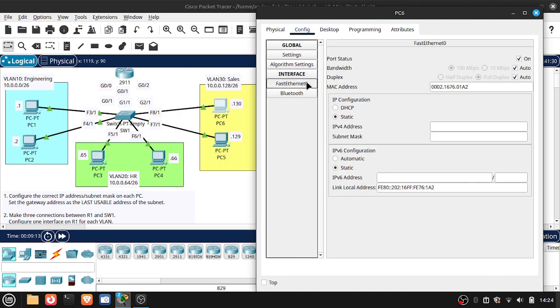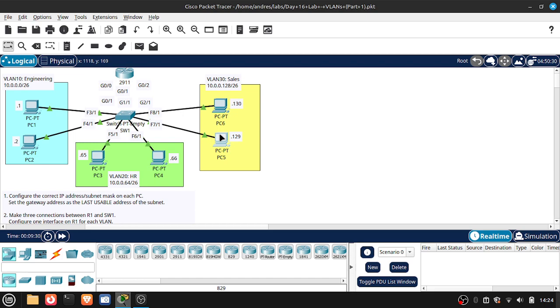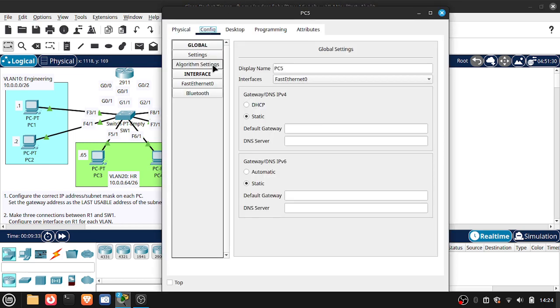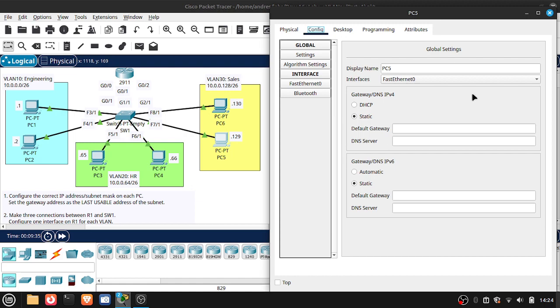And 10.0.0.130 for the first PC with their mask. Okay. Now you config the default gateway to travel from the local network to other networks. 10.0.0.what do we say? 190, right?